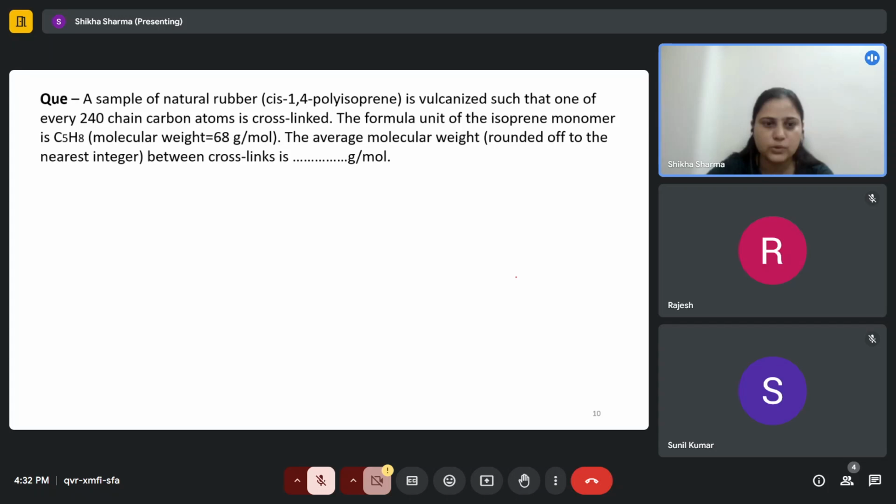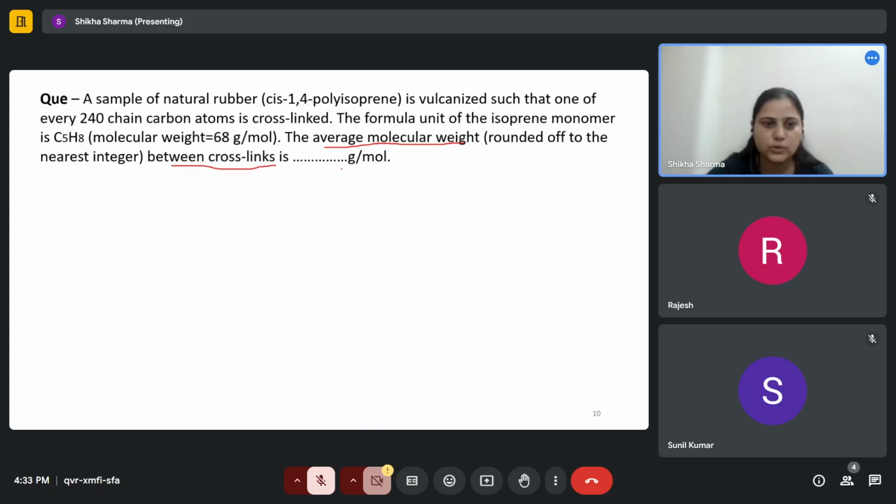So let's move to the next question, which is: a sample of natural rubber, cis 1,4 polyisoprene, is vulcanized such that one of every 240 chain carbon atoms is cross-linked. The formula unit of the isoprene monomer is C5H8, and the molecular weight is 68 grams per mole. We need to calculate the average molecular weight between crosslinks.